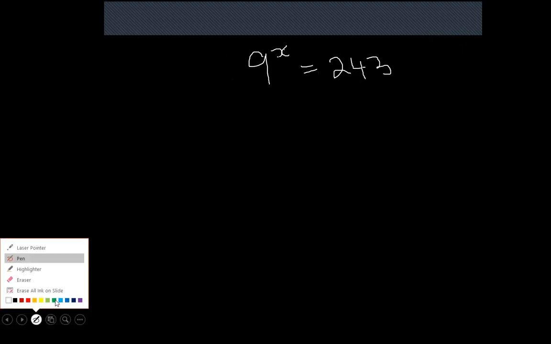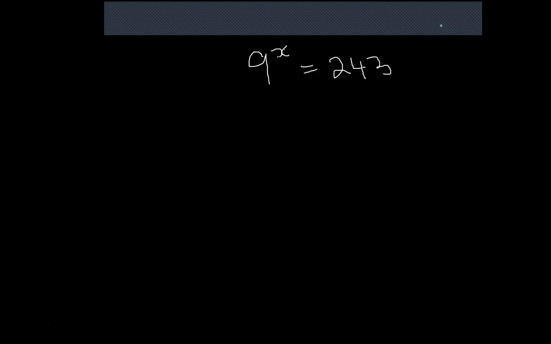Let me erase this. Next question. 9 to the power of x is equal to 243. Can anybody tell me what answer they got for this one? Miss, 27. How much? 27.